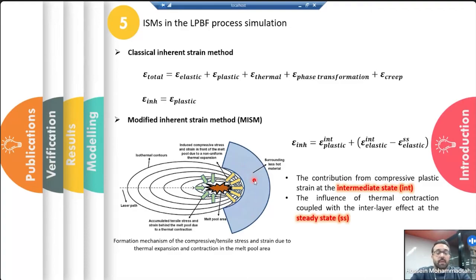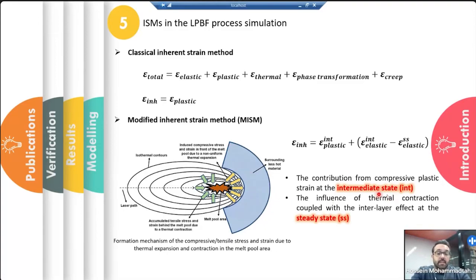When the deposition further cools down, thermal contraction occurs, and this thermal contraction is constrained by the surrounding solidified materials, so the material develops tensile stress and strain.